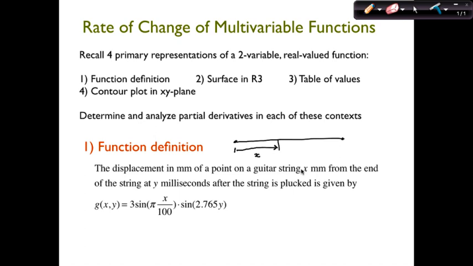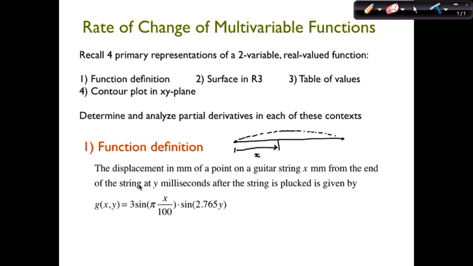Y, again, is going to be some time since the string was plucked. And then combining those two things, a distance and a time, gives you some displacement from center line, or where the string would be at rest. So at some time after plucking it, say the string looks like that. We freeze time.